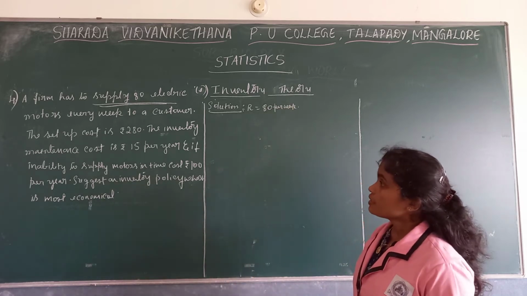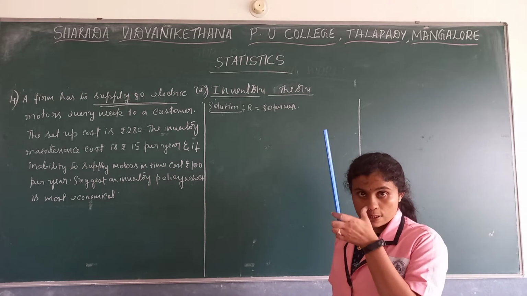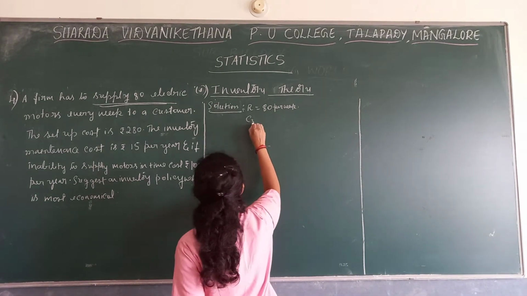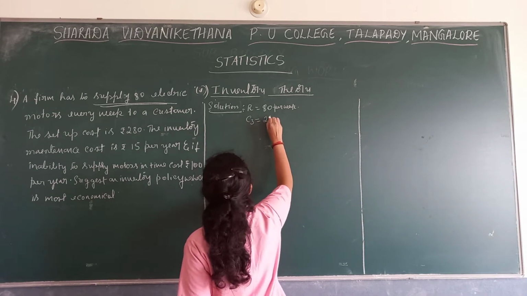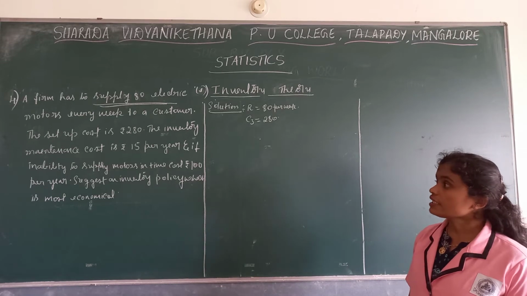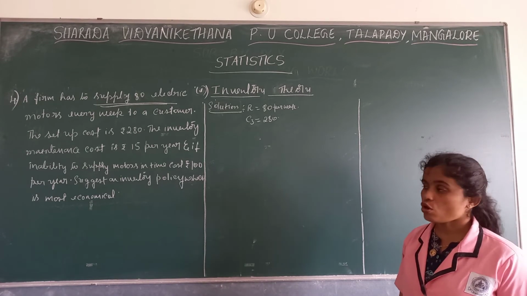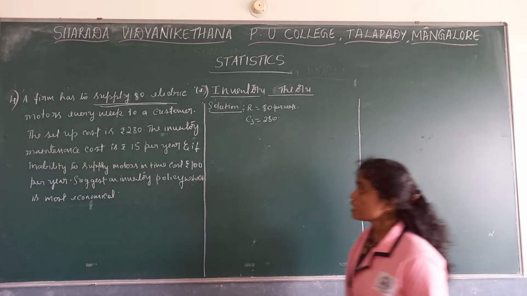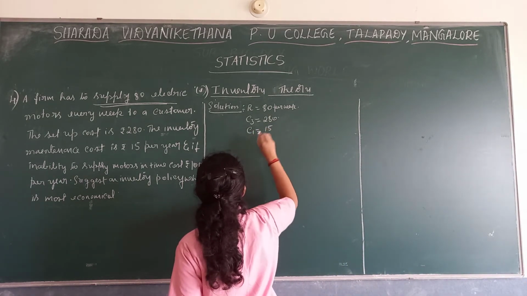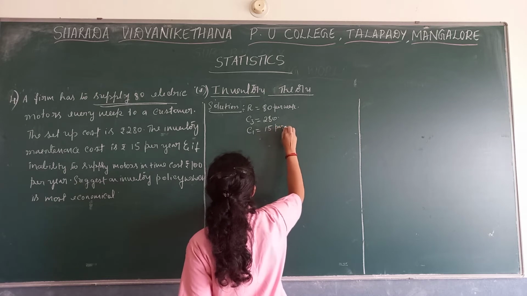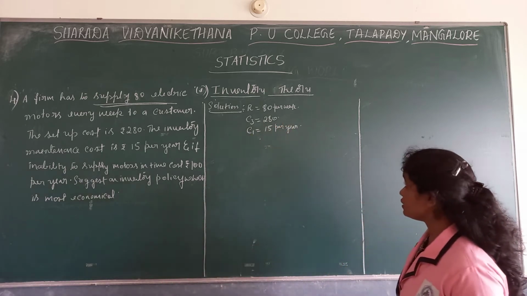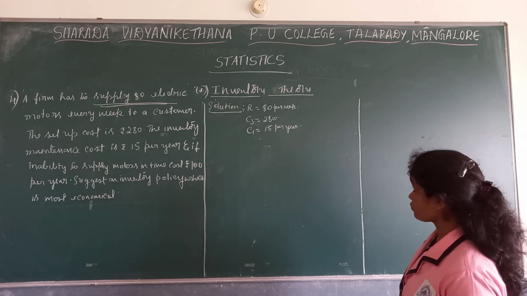Now, the setup cost is nothing but C3. So C3 is equal to 280. The inventory maintenance cost, or holding cost, is nothing but C1. C1 is equal to 50, but it is per year.